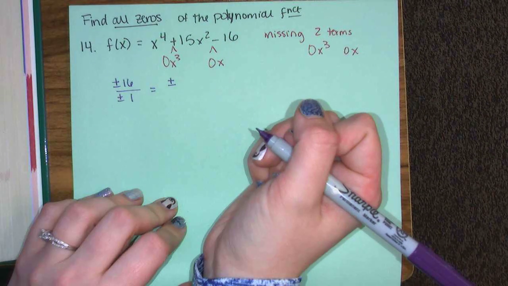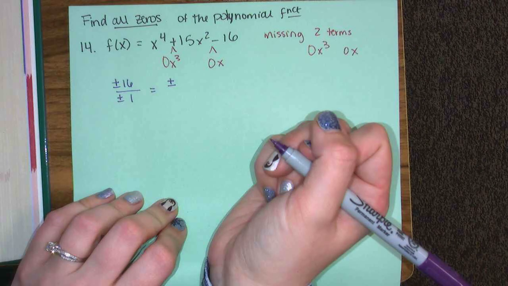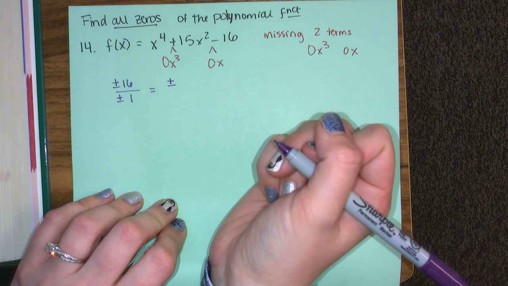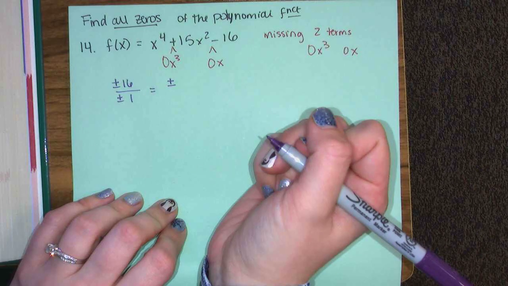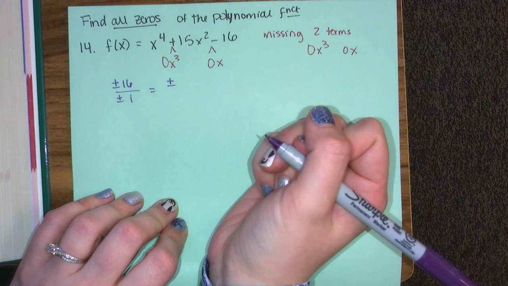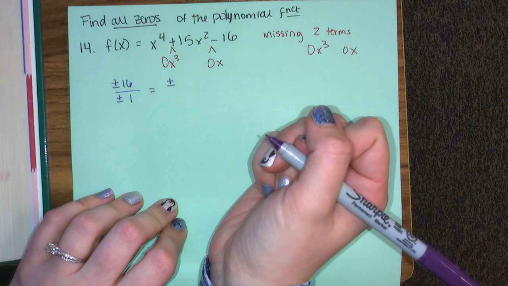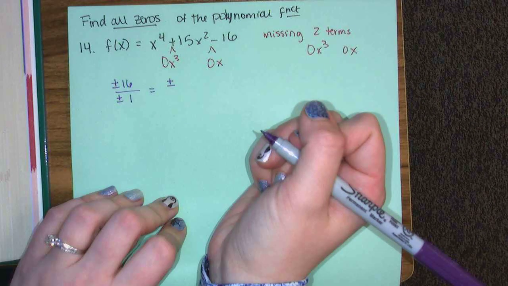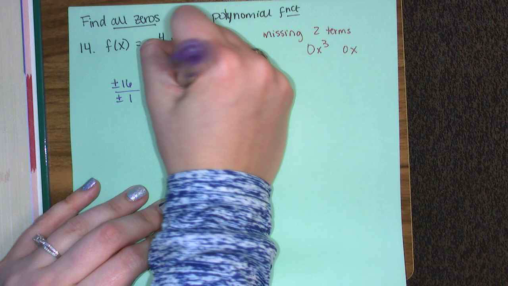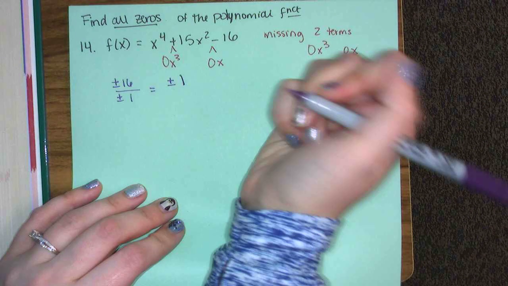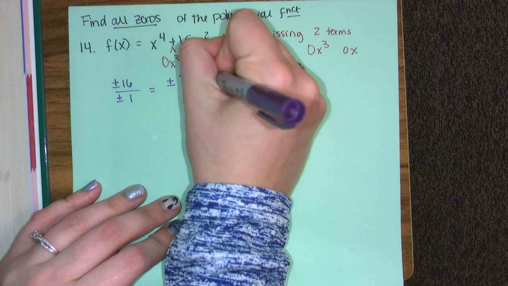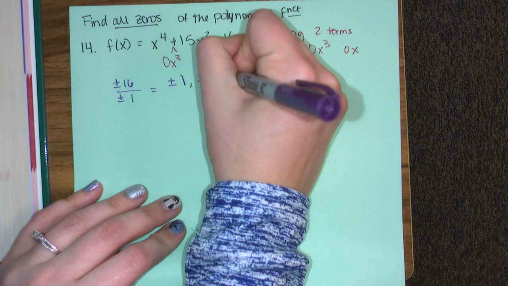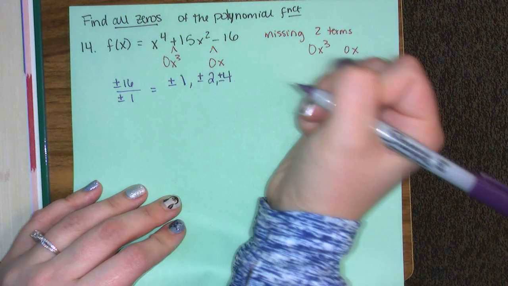Well, okay, that's not true. You don't have to have an even number. Because if I had 4 on top, I'd have 1, 2, and 4. Because I don't write them twice. Alright, it's 1 and 16, okay, so I'm going to write the 1. 2 and 8, so I'm going to write the 2. 4 happens twice.